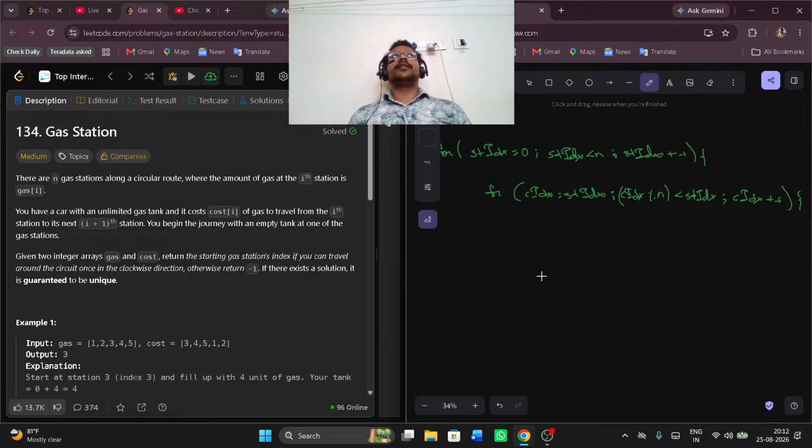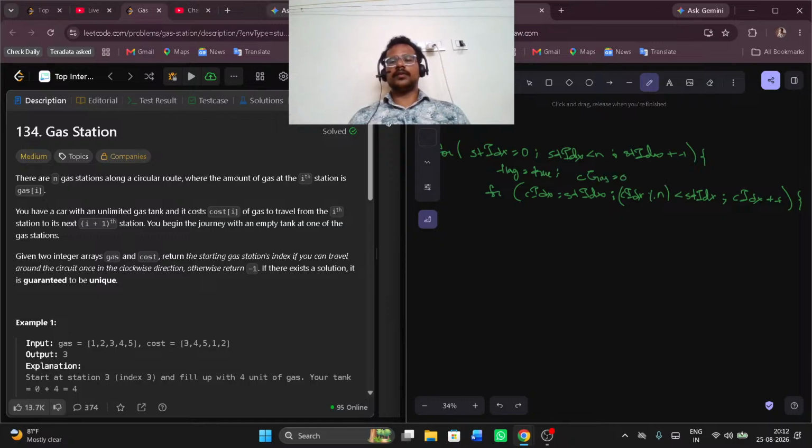If I'll have a flag here, flag is equal to true, I'll just have gas is equal to 0. Let's take this as current gas is equal to 0.